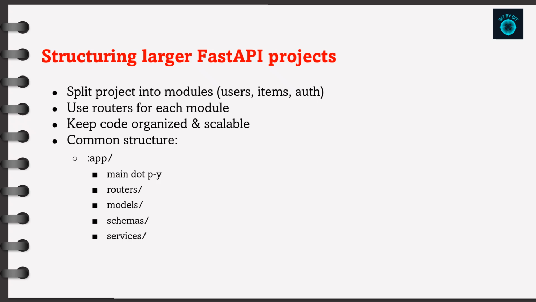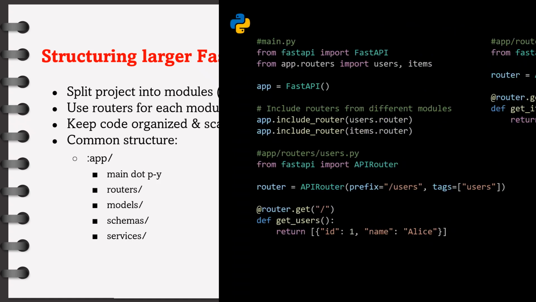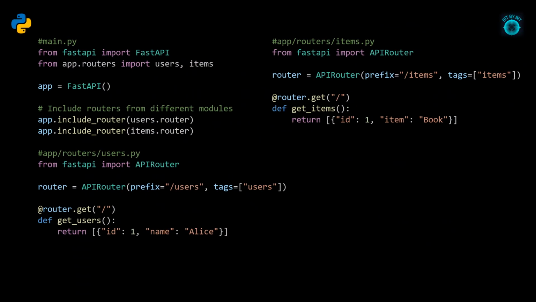By separating code in this way, you make it easier for multiple developers to work on the same project, and you reduce the risk of creating a large, unmanageable file. In this example, in main.py, we create the FastAPI application and include two routers, one for users and one for items. This way, the main file only organizes the modules, and each module handles its own routes.